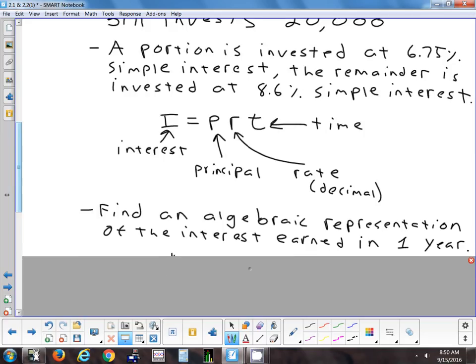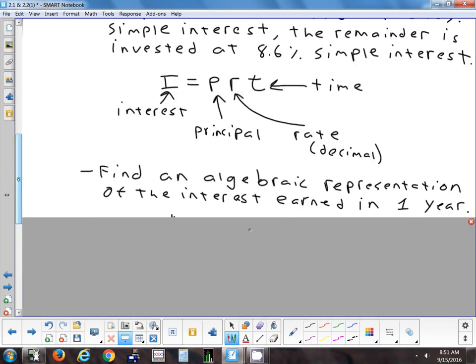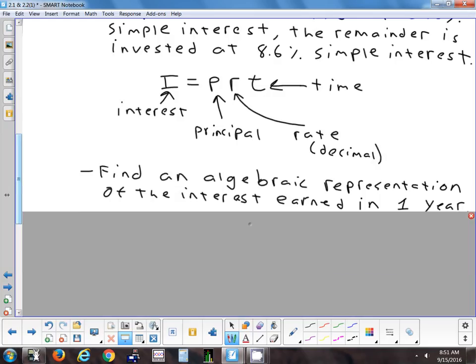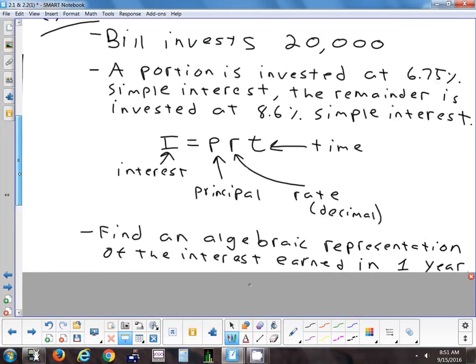Okay, so I want to find an algebraic representation of the interest that Bill's going to earn in 1 year. So I definitely need a variable. And what's the variable going to represent here?